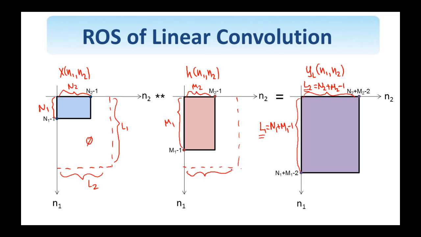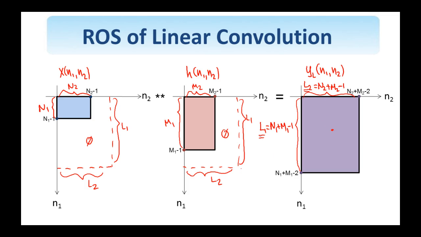So this is L2, this is L1, and here I pad it with zeros. I take the DFTs, I multiply them in the discrete frequency domain, and I take the inverse DFT, and I come back to the spatial domain. And as I mentioned in the earlier slide, the result then is the circular convolution, which is formed by the periodic extension of the linear convolution shown here.